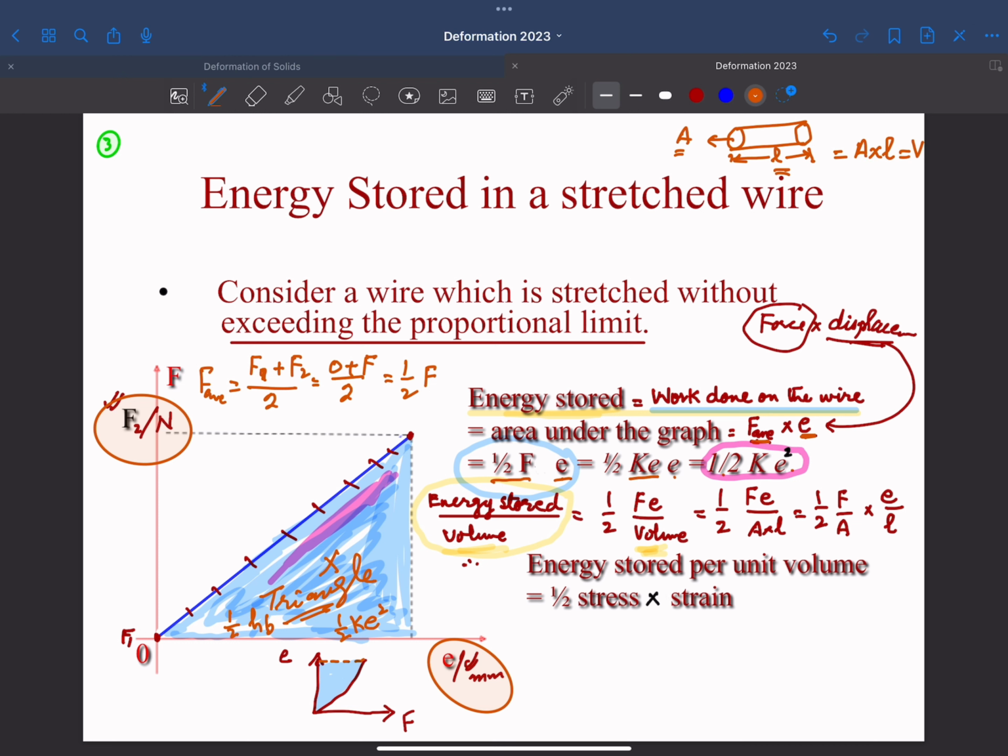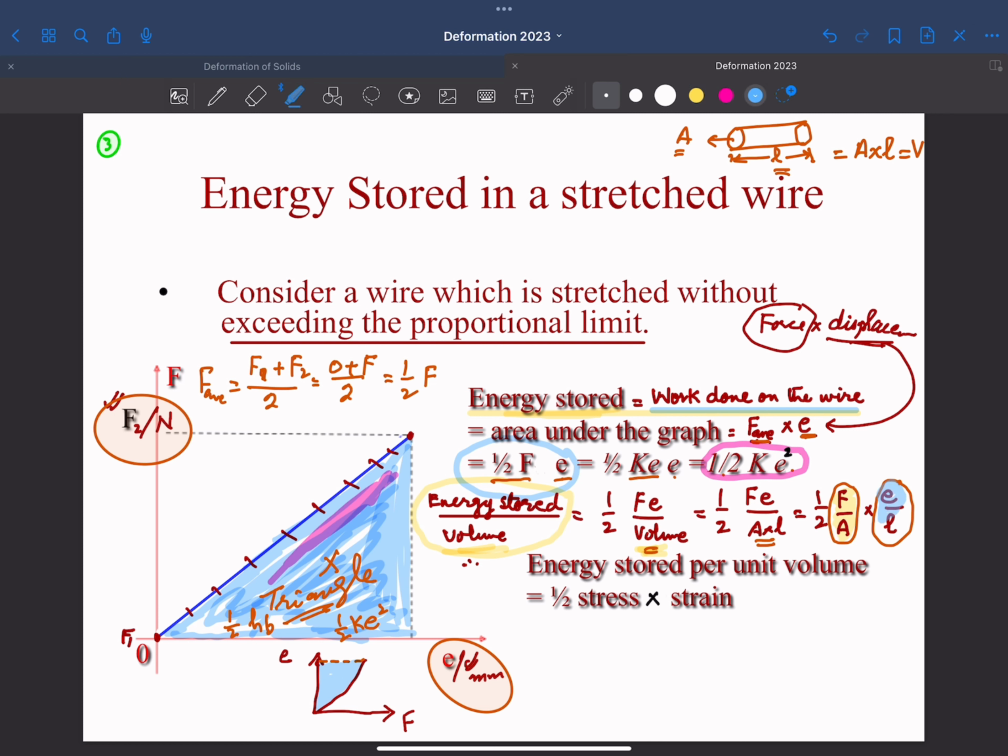So if we go the other way around, if we have volume, we can write A into L. And when we have A into L, we can quickly recall that we can write F over A and e over L, and then we have another concept. The first term is F over A, which is the stress, and the second term is the strain, which you have already discussed in the previous lectures.